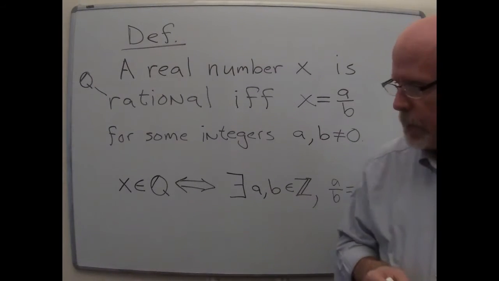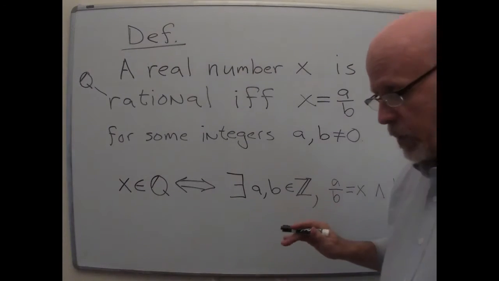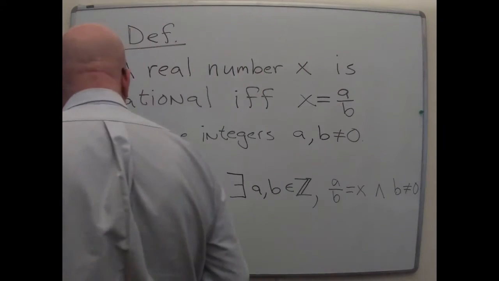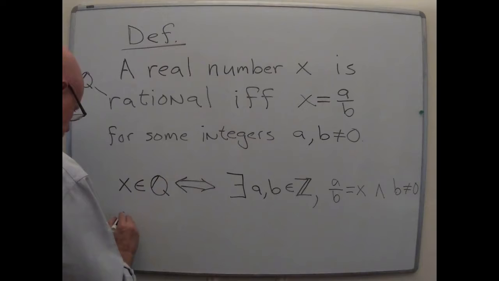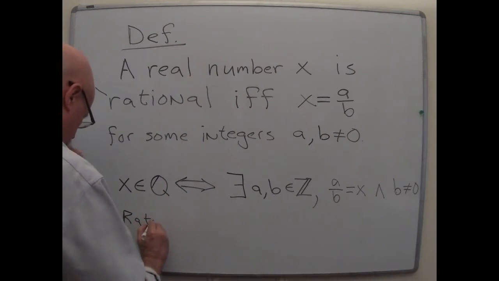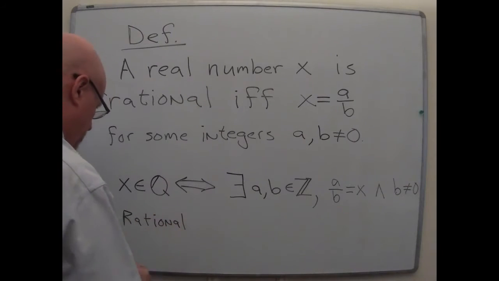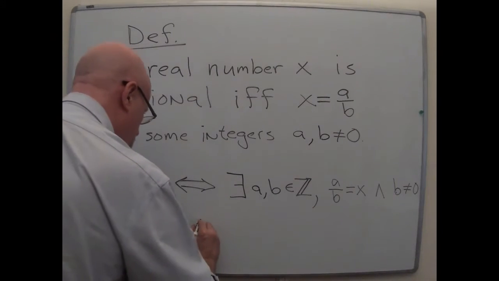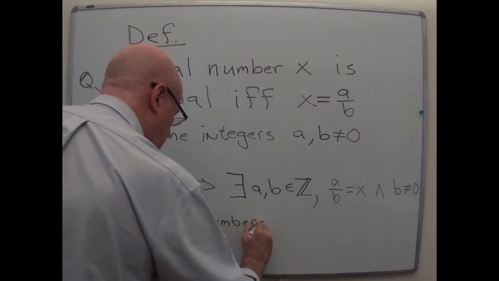Let me remind you of a pragmatic test. If you've actually got a number staring at you on your calculator, you can tell whether it's rational or not. Rational numbers have a nice pattern in their decimals, in the things after the decimal point. One of two things can happen.